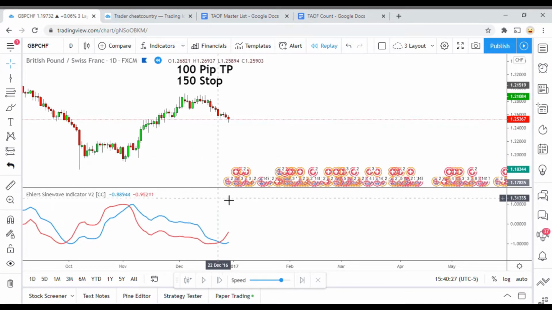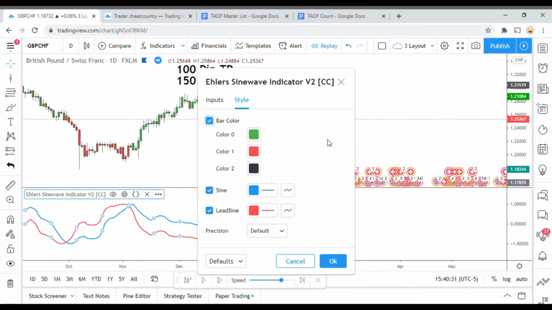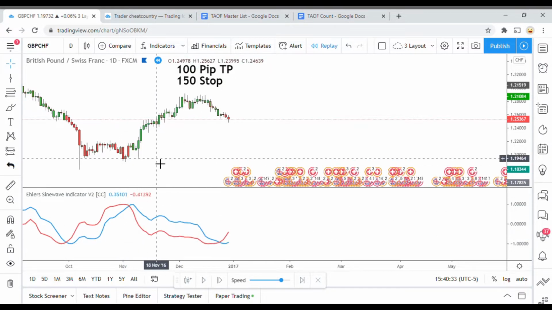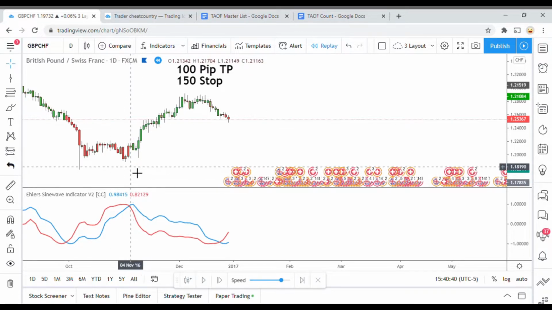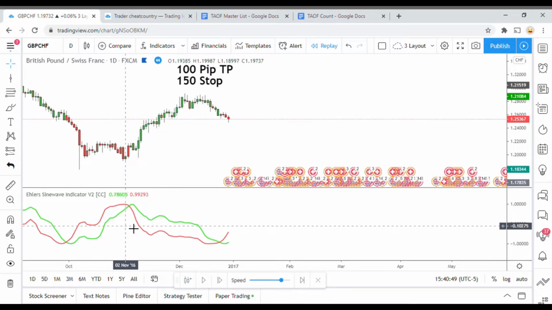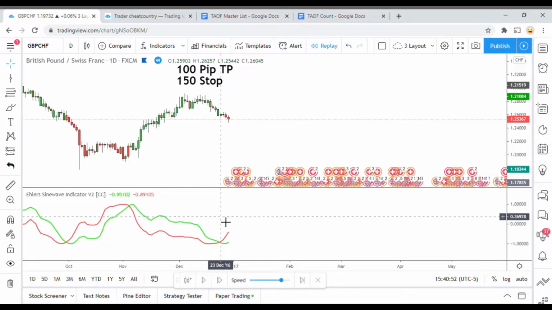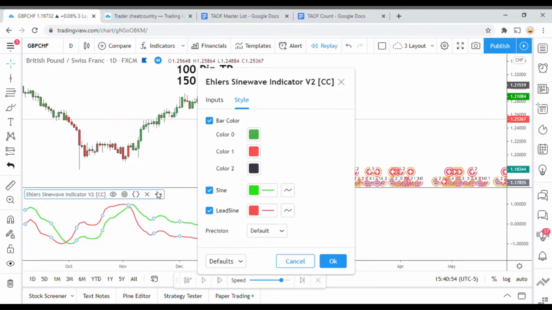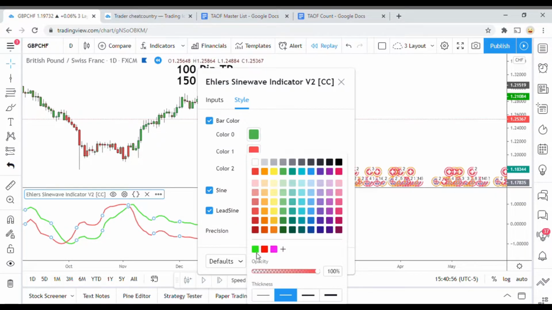One thing I am going to do is, those of you who have been around long enough understand that I am not fond of weirdly colored, mismatched indicators. So what I'm going to do is line these up.